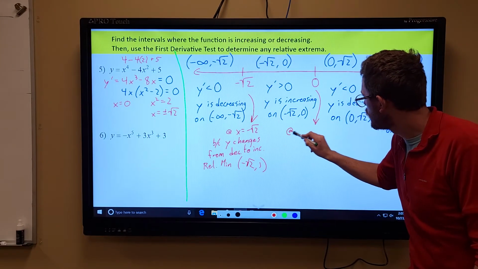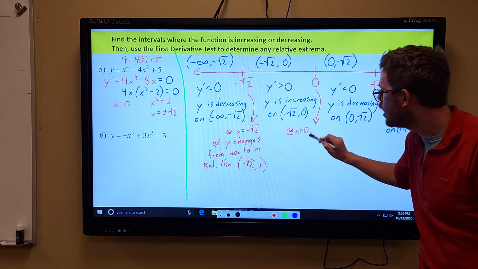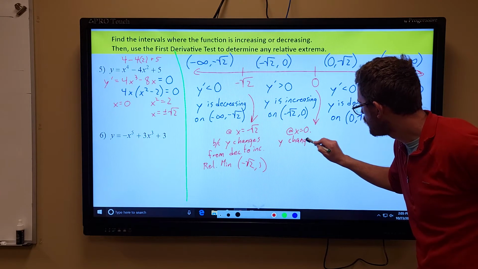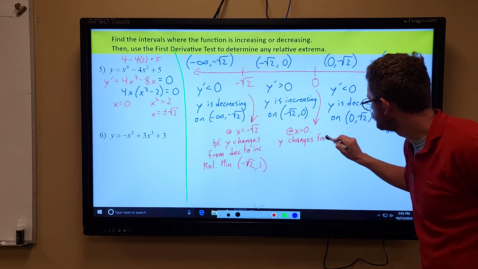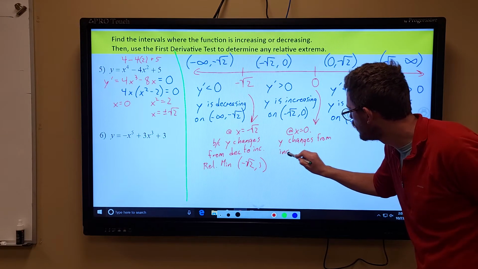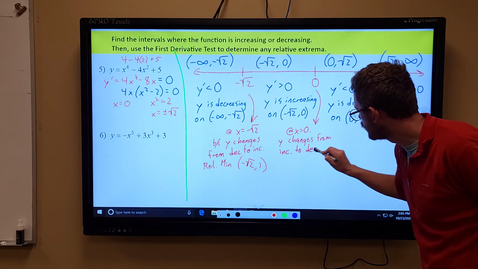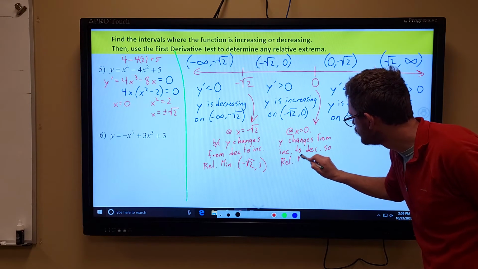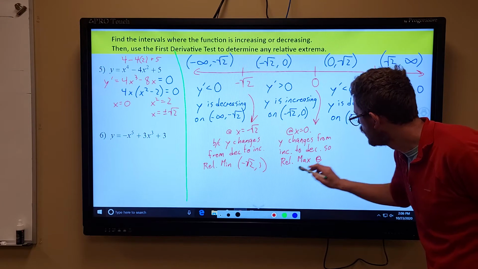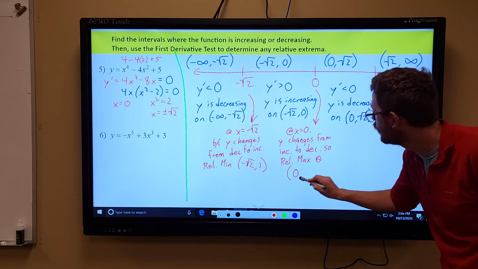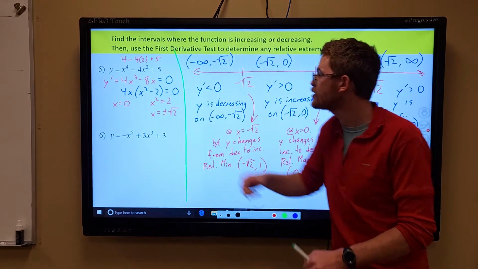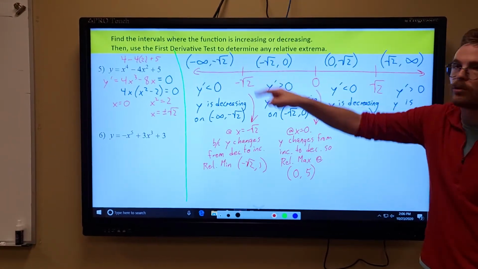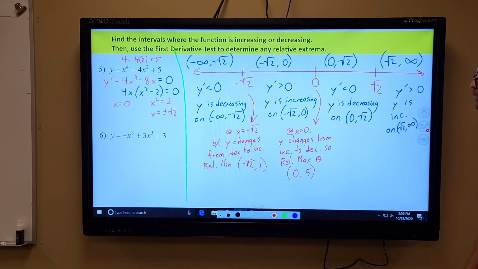So at x equals 0, y changes from increasing to decreasing, so there's a relative maximum at that point. 0, comma, plug it back into the original function, 5. Again, that point comes from the original function itself.